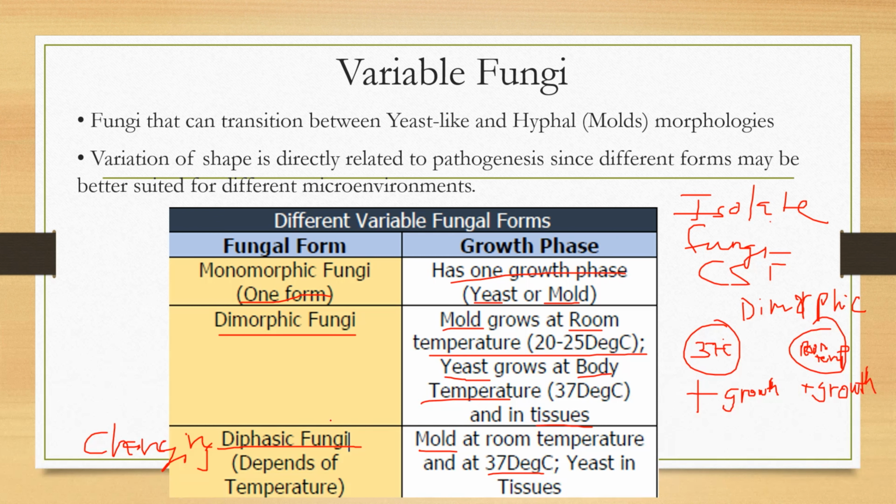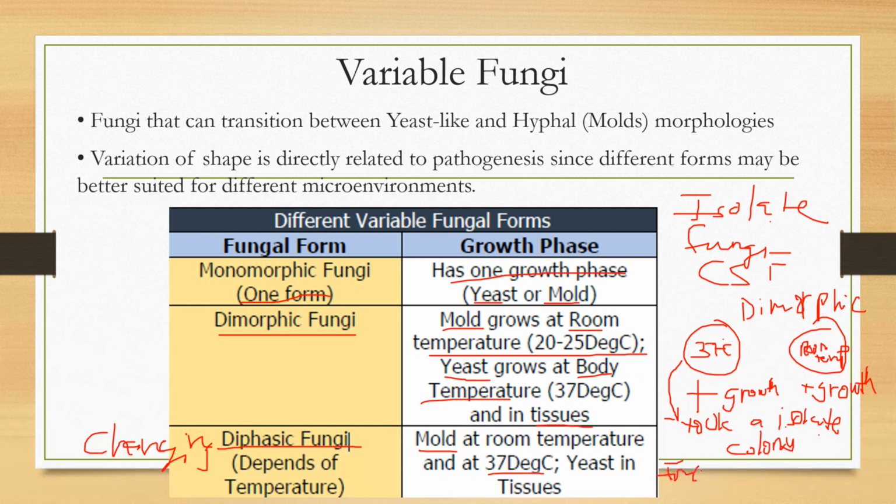Now, how would you differentiate diphasic? For diphasic, let's say, you took the one that was stored at the incubator at 37 degrees centigrade. Then you decided to store it in a, or wait, let me change that, class, to make it clearer. You took an isolate or a colony from the 37 degrees. So from the yeast colony.